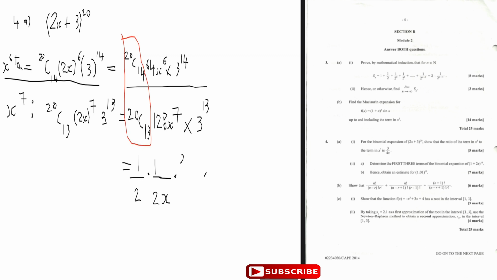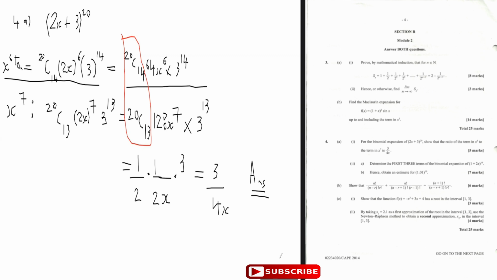So the ratio works out to be 3 over 4x. So that's how you show it. So that's the ratio of the x to the 6th term to the x to the 7th term. So we'll show it. Nice.